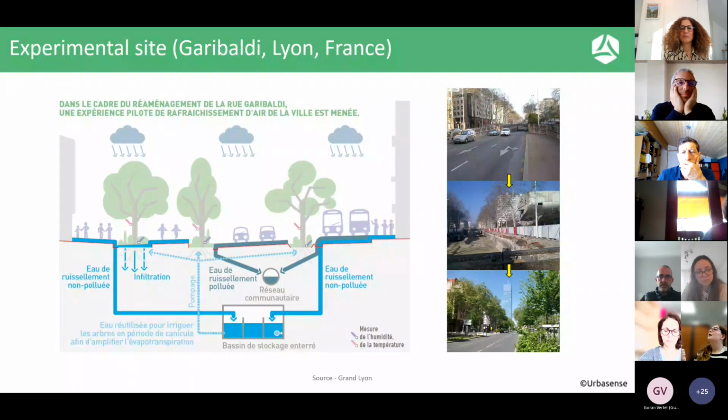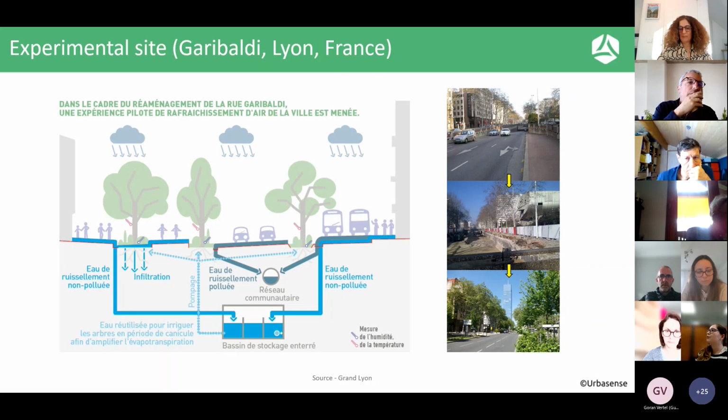So they thought about a new system with water ponds underneath the streets, and the water from the walkways, the pathway, and the bicycle ways goes into that pond.